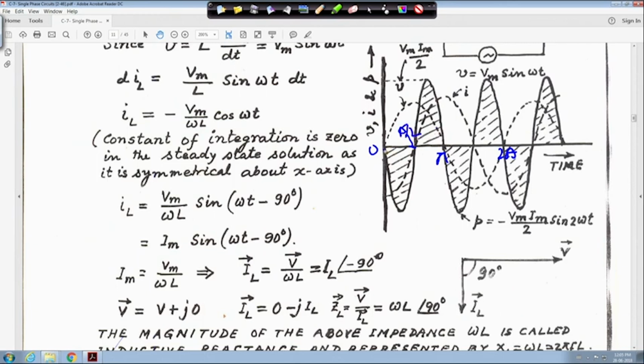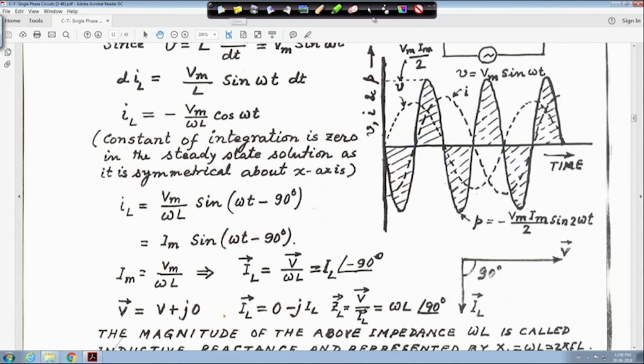Whereas the current or voltage, take for example voltage, completes a half cycle from 0 to pi, this power is completing one complete cycle in pi, because the frequency is 2 omega, double frequency. That means each part is a quarter cycle. In one quarter it is receiving energy, in another quarter it is delivering it back to the source. One quarter cycle it will absorb, another quarter cycle it will return.